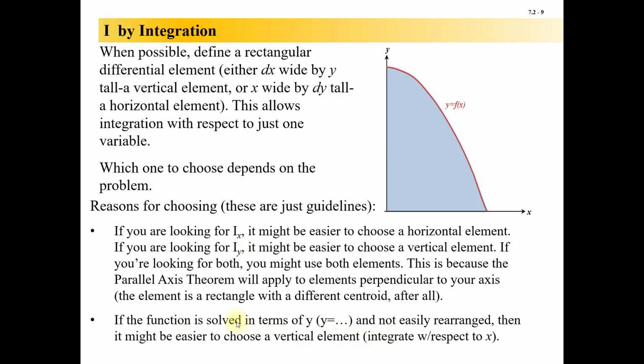This one's a bit more important, at least in my book. If the function is solved in terms of y and not easily rearranged, then you're going to want to integrate it with respect to x, right?